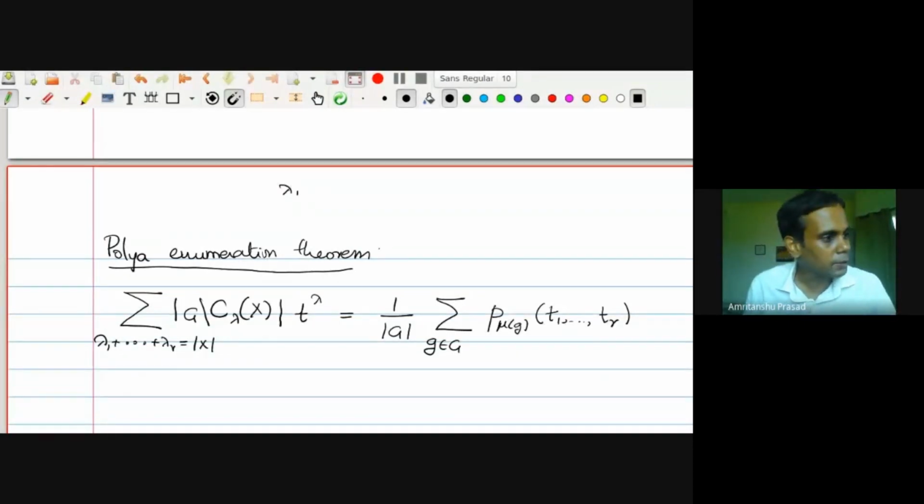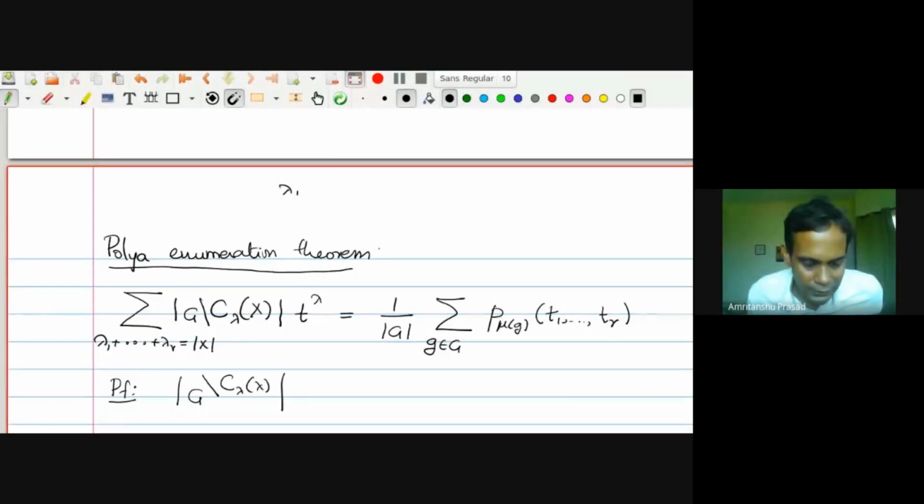So in the special case of the necklace, I can give the proof. The proof is not very difficult. It's just using the same ideas. What you do is you try to understand what this is. Now for the set of G orbits in C lambda X, you can use Burnside's lemma.